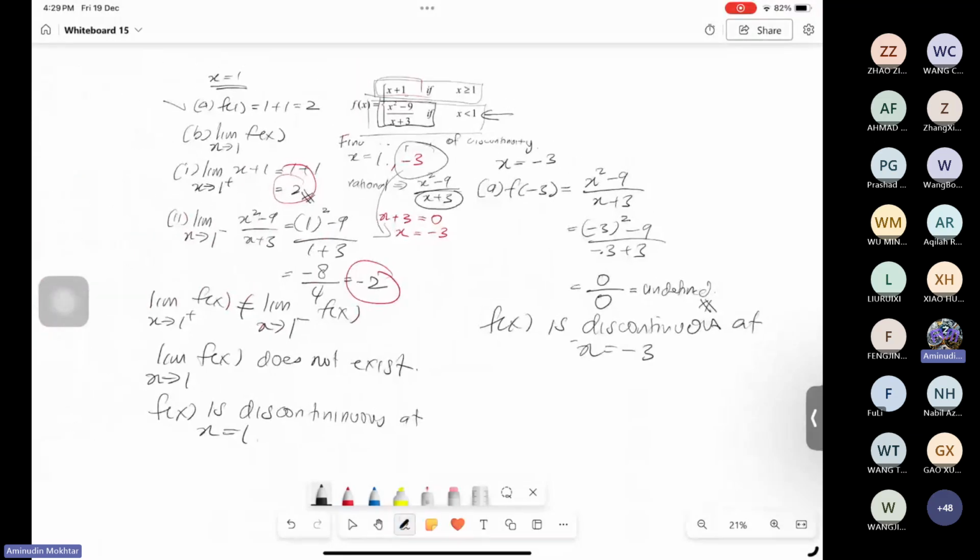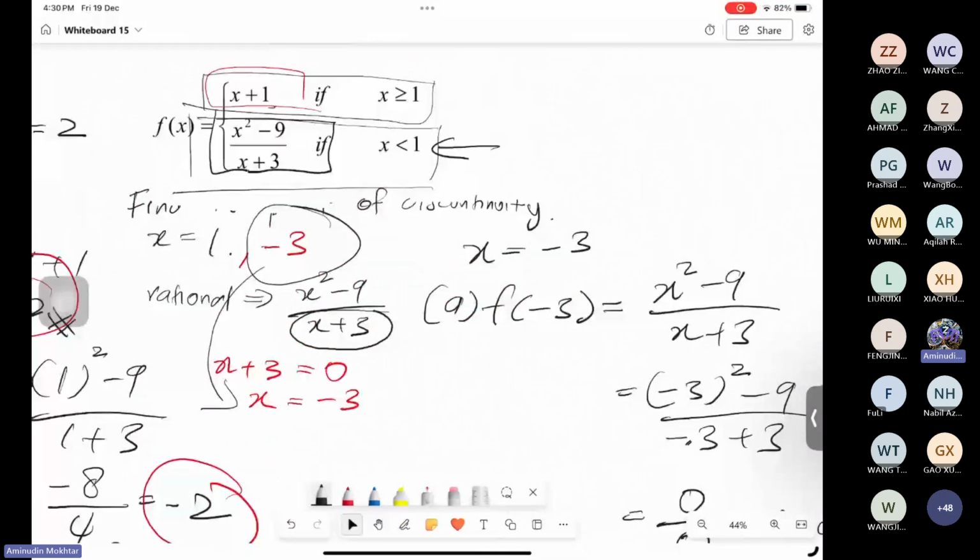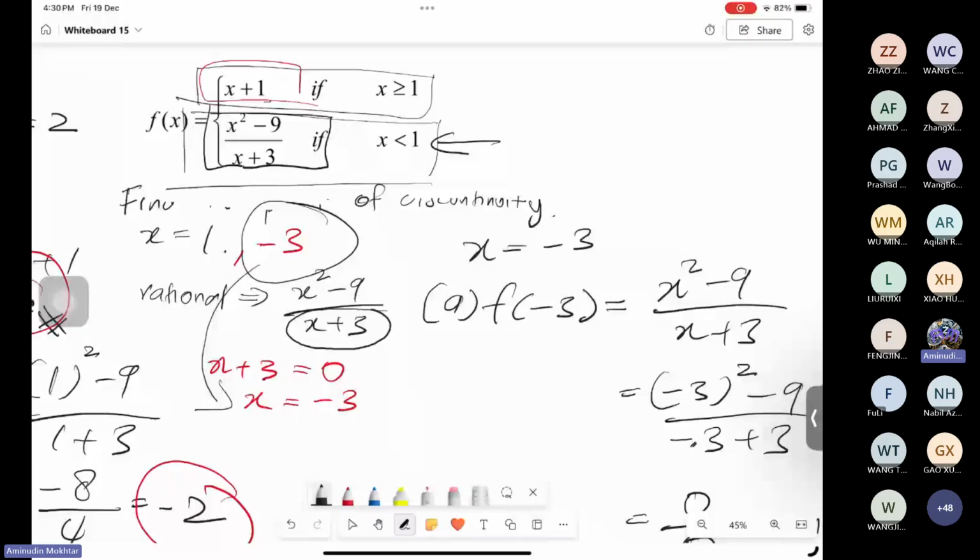Sometimes it's quite complex here. You need to identify the value. I can share two tips on how to determine which value of x we need to check whether the function is continuous or not. The first tip is to check the turning point of the graph.